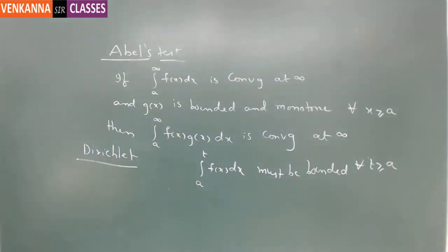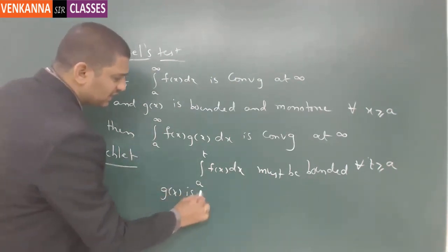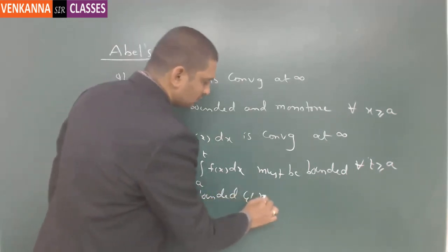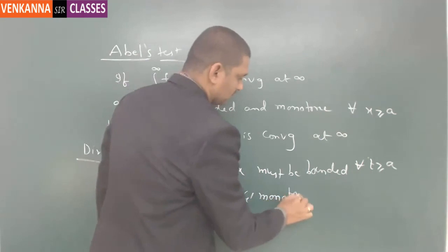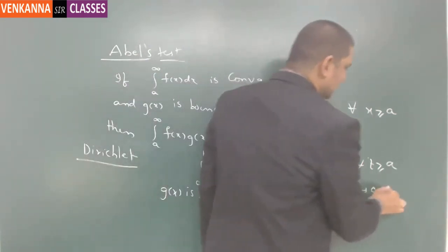And the second condition is that g of x is bounded and monotone, and g of x tends to 0 as x tends to infinity.